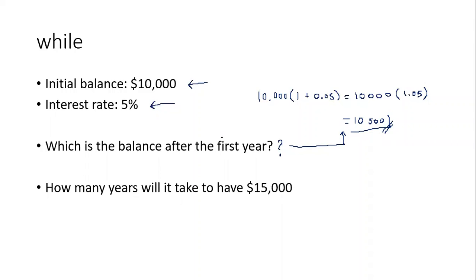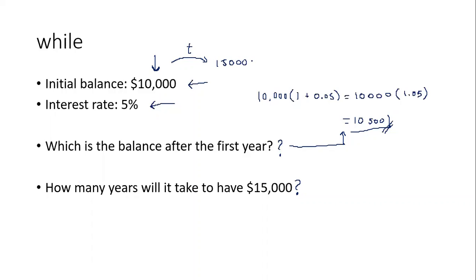But the thing is, how many years will it take for us to arrive at 15,000 pesos? That means having a sustained growth of 5%, and this initial quantity that we have over here should transform over some time, which I don't know, until it becomes 15,000.